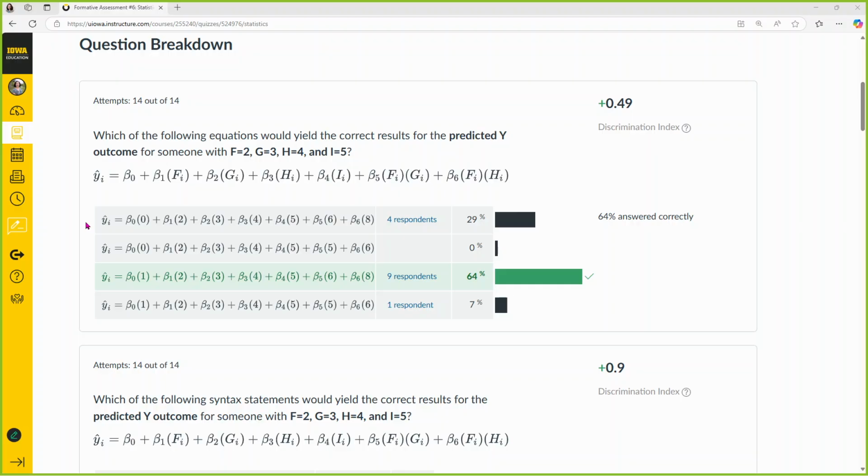And so then I am boiling down between the next 2 choices. And when I'm looking at those, there's just a very, very subtle difference between b sub 5 and b sub 6. Okay? So if we take a look at b sub 5, it says what we need to do is multiply whatever that happens to be by the f value and the g value.